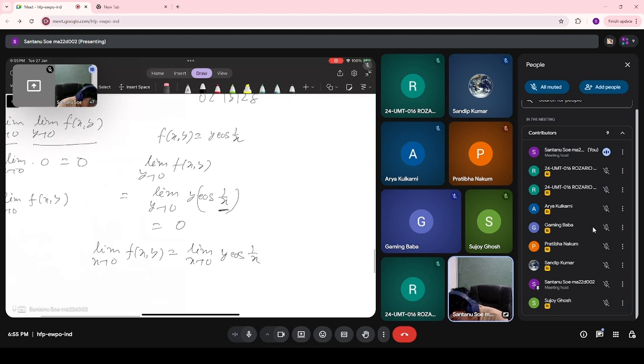Now how many of you can see that this limit does not exist? Does this limit exist? Anyone? Okay, so I think you guys know that this limit does not exist, right?